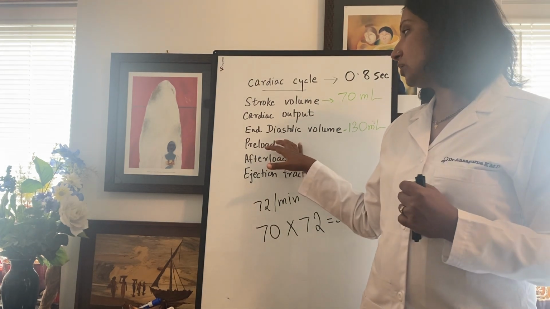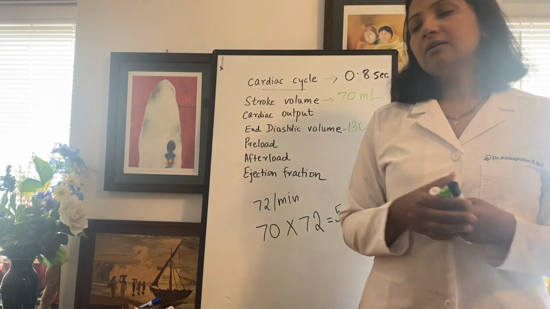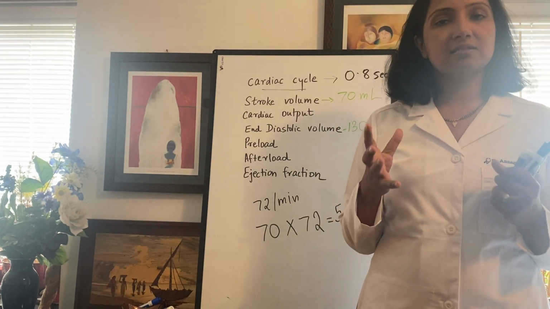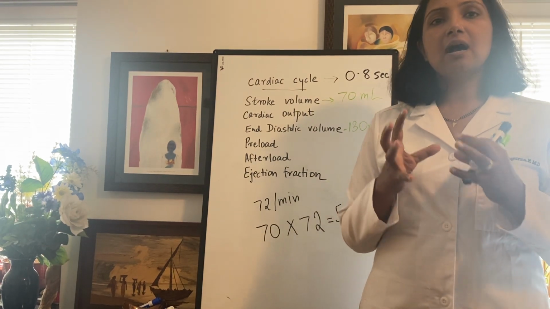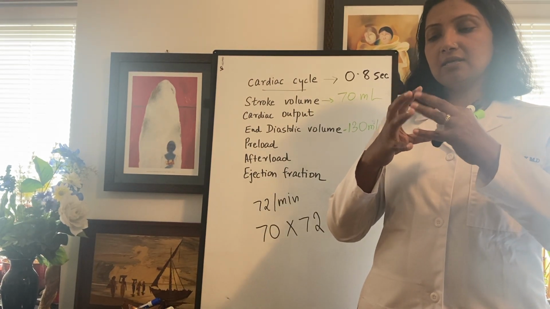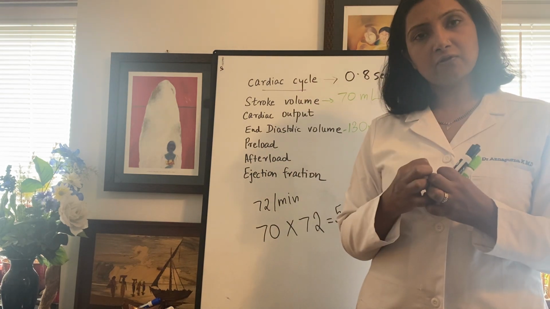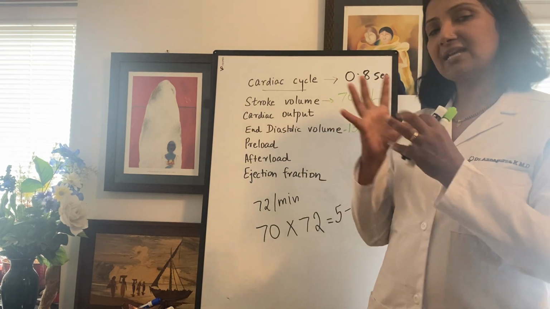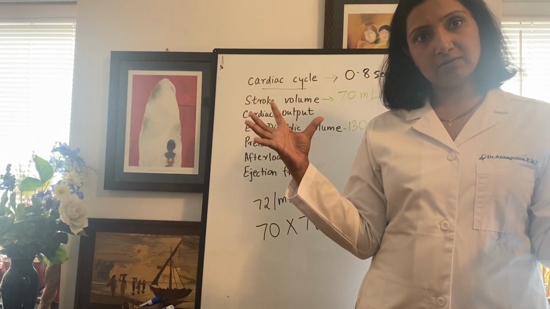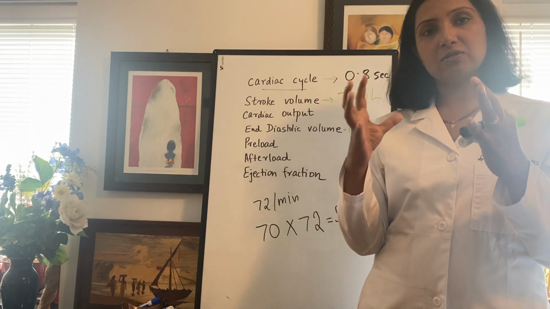The preload is similar to end diastolic volume. It is based on the Frank-Starling law, which states that within physiological limits, the more the heart gets stretched, the more would be the force of contraction. So if your preload or end diastolic volume is more, the force of contraction is more, within physiological limits.